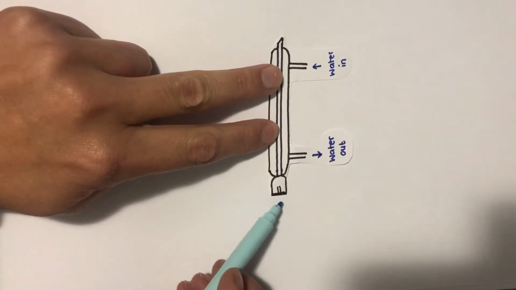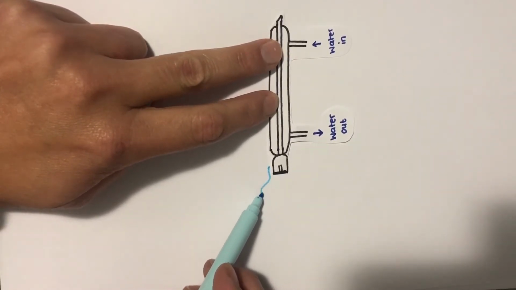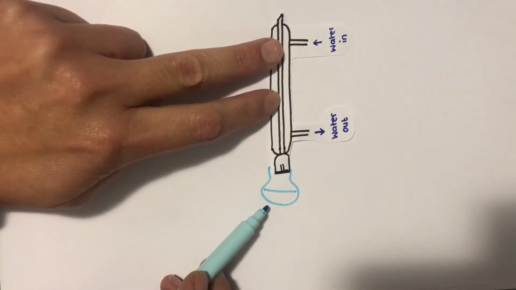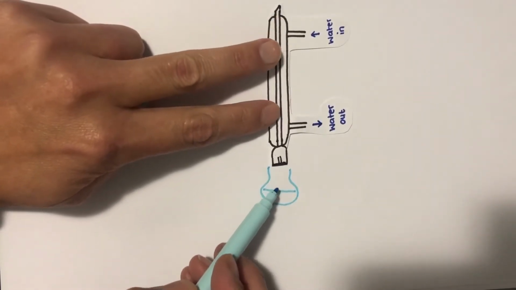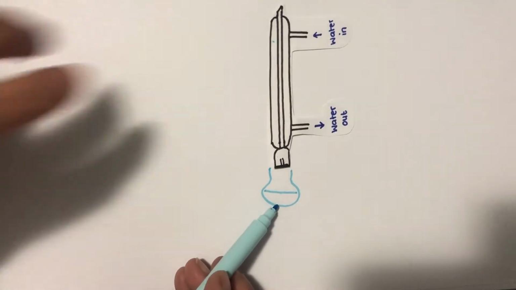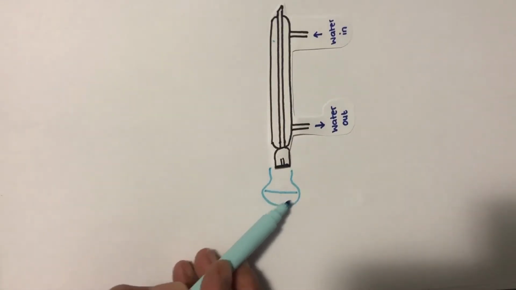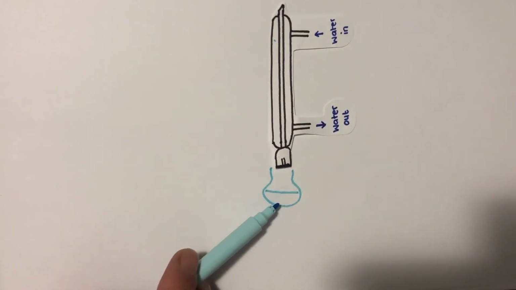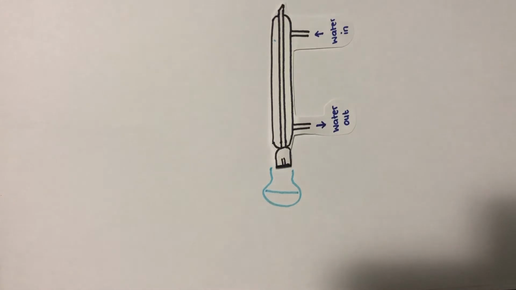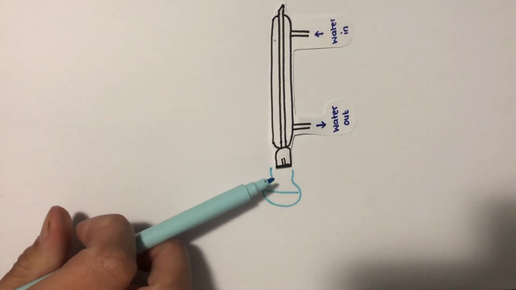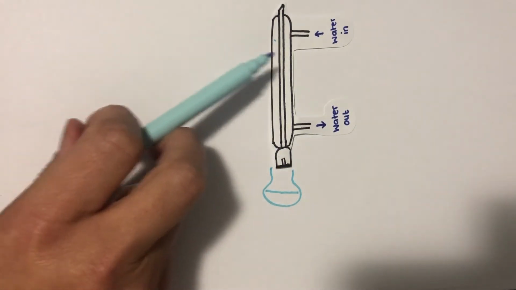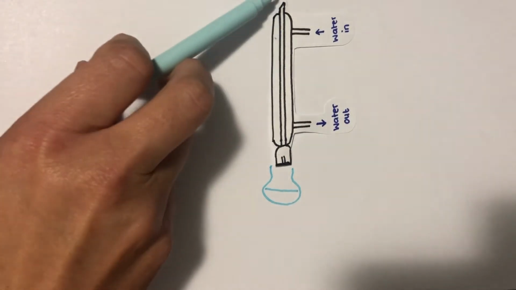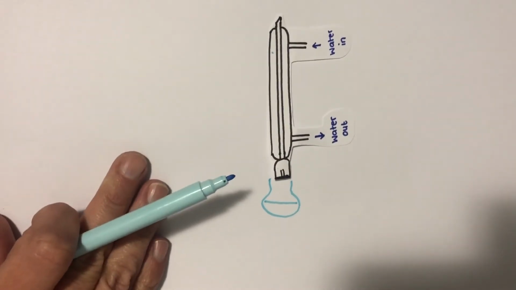And we have this collection flask at the end that's connected that way. So we have our alcohol at the bottom, and we are oxidizing it. As normal, the alcohol gets oxidized to become an aldehyde. This aldehyde will move through the tube, and because the cold water is circulating around the inner tube, the aldehyde will cool down before it reaches the end and gets released.